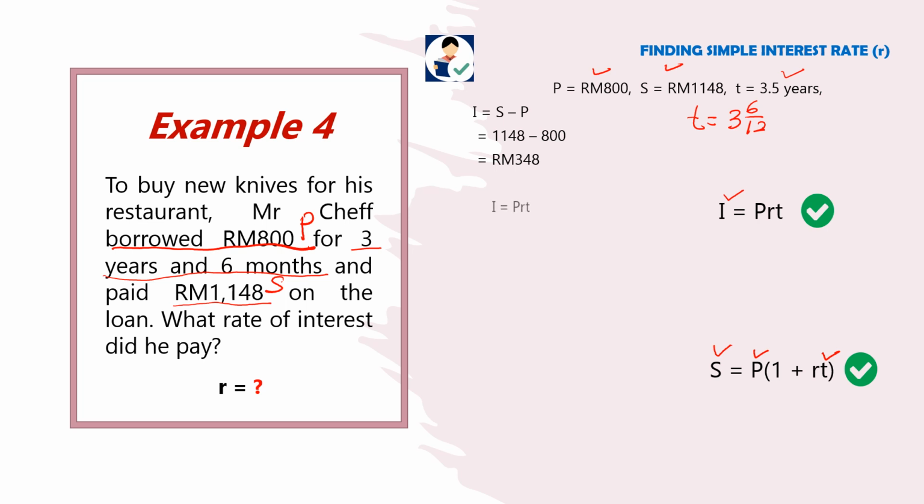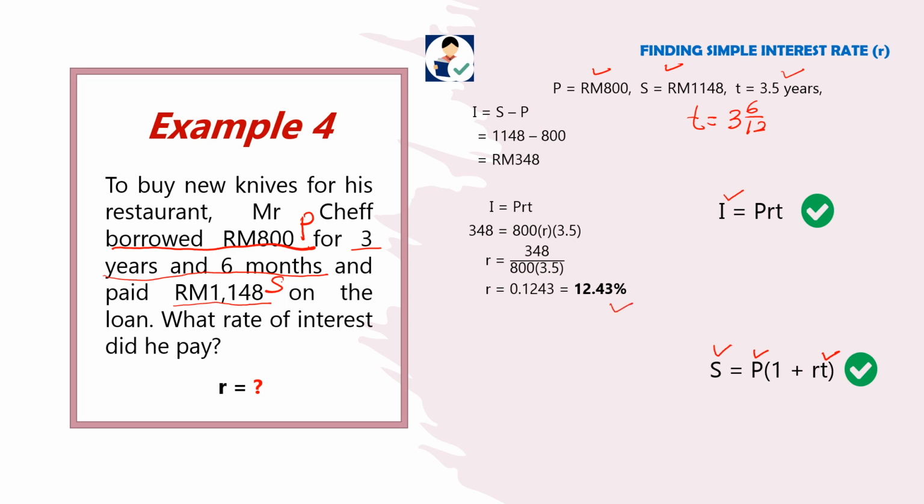And then we use the formula I equal to PRT, which is substitute I 348 equals to 800 times R times 3.5. Therefore, R is equal to 0.1243. Remember, R must be in percentage since R is the simple interest rate. So, times with 100%, we get R equal to 12.43%.